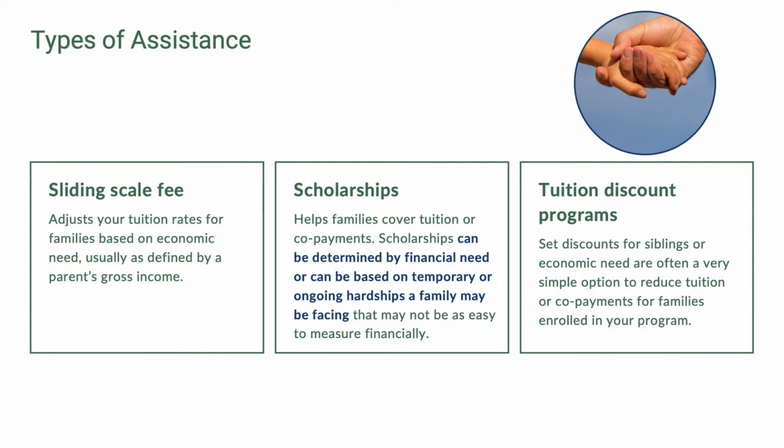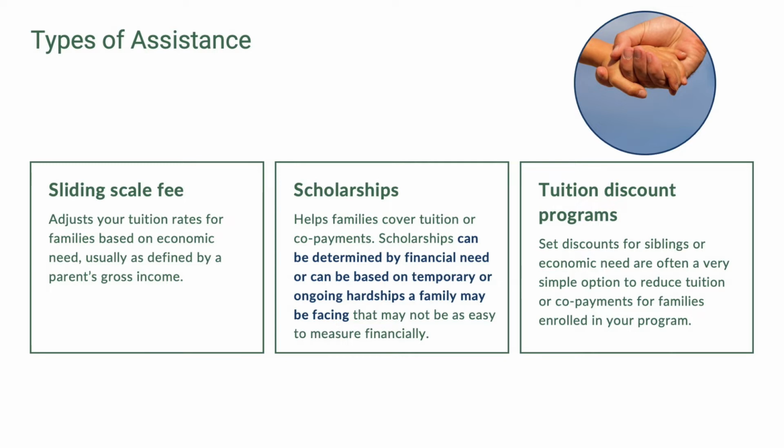Tuition discount programs, including for siblings or economic need, are often a very simple option to reduce tuition or co-payments for families enrolled in your program. For example, if you serve a family whose earnings fall below the 85% of state median income, you could offer them 25% off their copay and assistance.